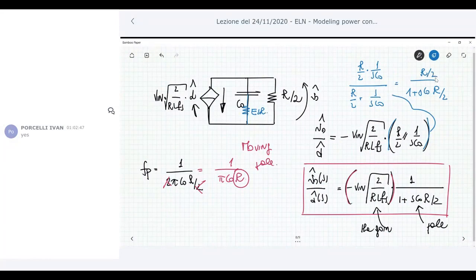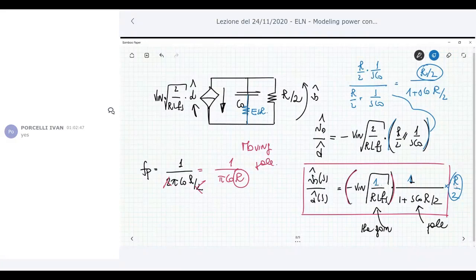Okay, in order to have 1 here, you have to multiply this 1 divided by 2. So when you take this 1 and put these equations into the gain, then you have exactly that it comes R over... Sorry, there is an error in the slide, I think.